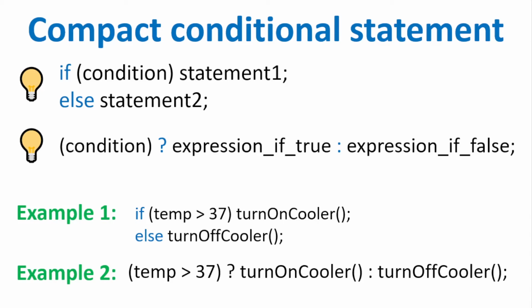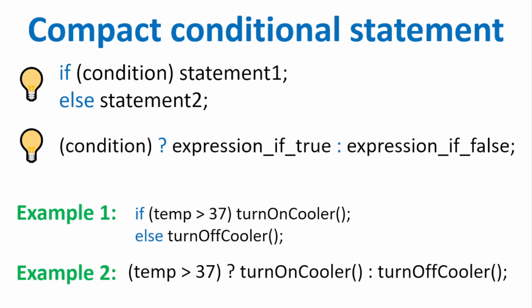If you need to execute multiple statements, it's better to use a full if-else block. Number three, potential for misuse. Using the ternary operator excessively or in complex conditions can lead to confusion, making the code harder to maintain.